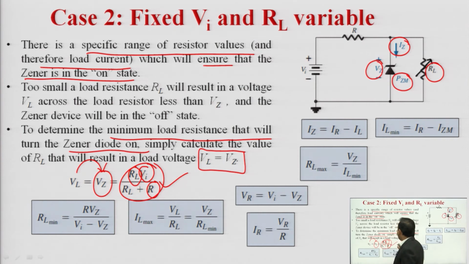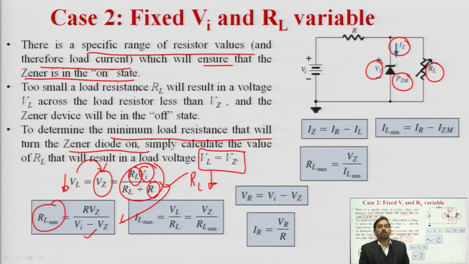If RL is very low, then our VL is very low, and if VL is very low, the Zener diode will not be on. So, RL minimum we can solve with this equation: RL minimum equals R multiplied by Vz divided by Vi minus Vz. This expression gives us the minimum value of the load resistance.